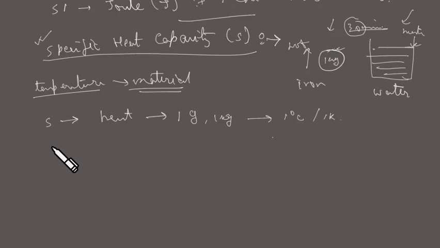For example, S for water equals 1 calorie per gram degree Celsius. The CGS unit is calorie per gram degree Celsius.